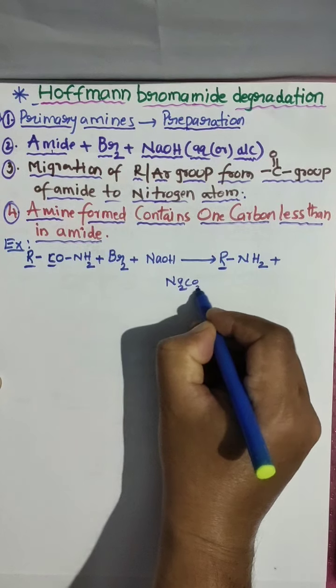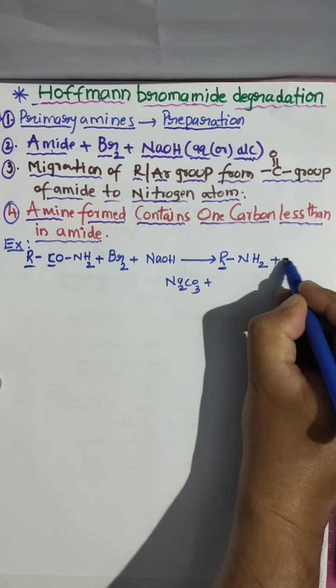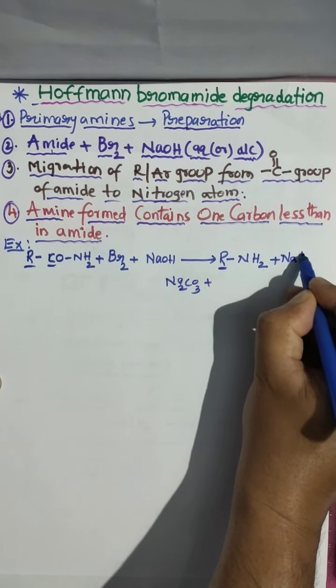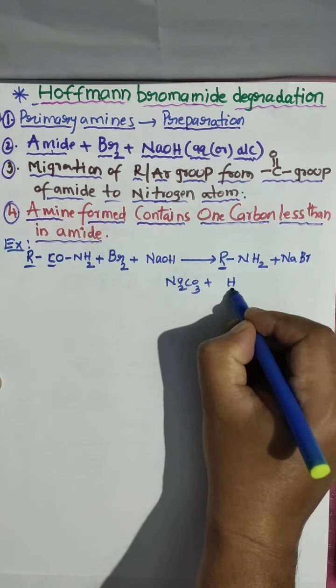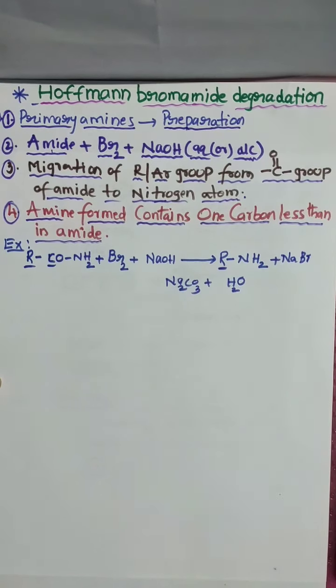Sodium carbonate plus NaBr, sodium bromide, plus water. These are the byproducts.